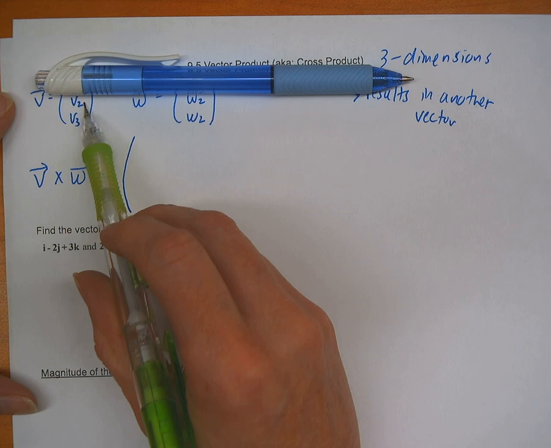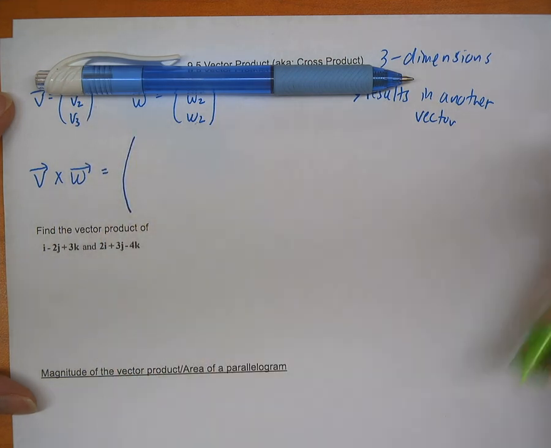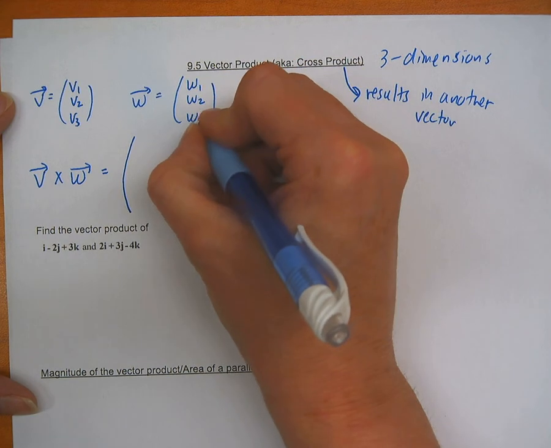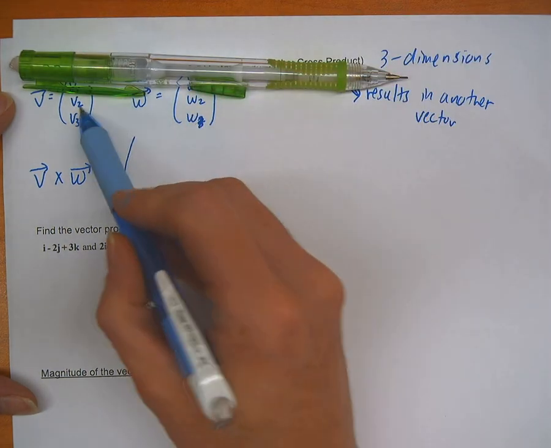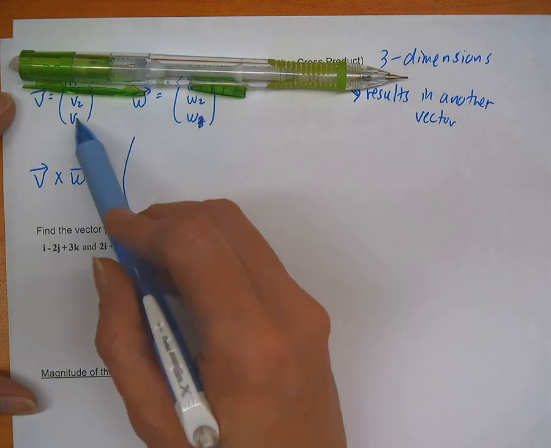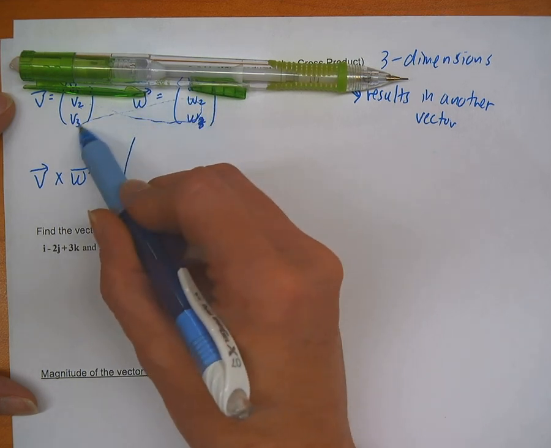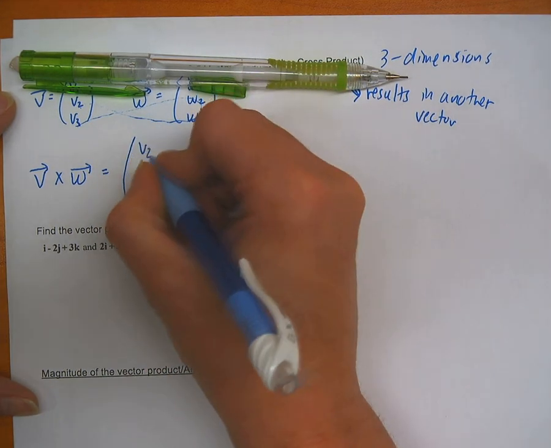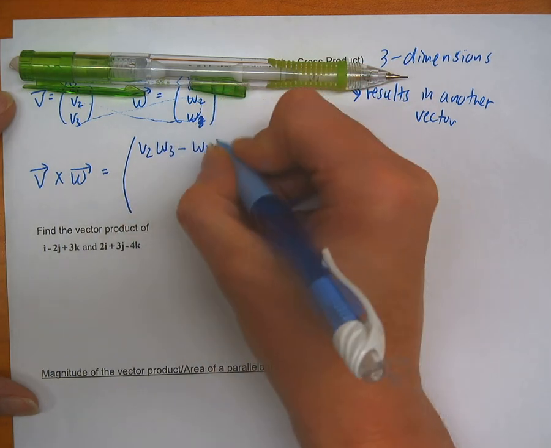And then we multiply v2 times w3 minus w2 times v3. You make a sort of fish shape like this. So v2 w3 minus w2 v3.